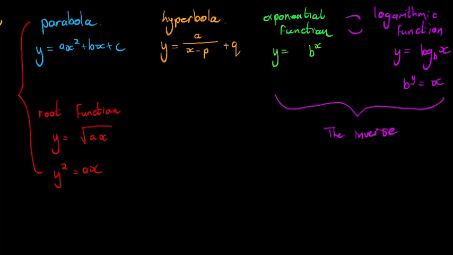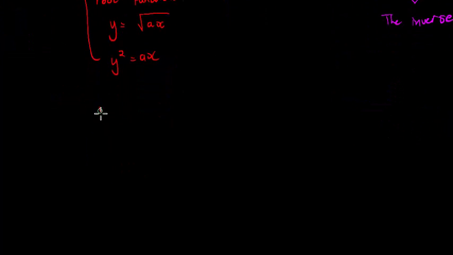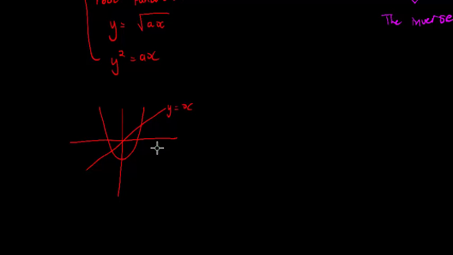Okay, so again, these two are each other's inverse. Now, the root function, or the inverse of a parabola, is not a function. Because a parabola looks like this. The inverse means I flip it around the line y is equal to x. I change my x and my y values.